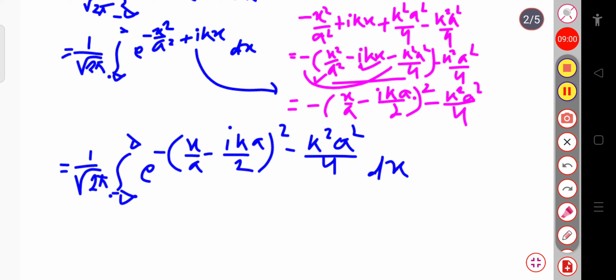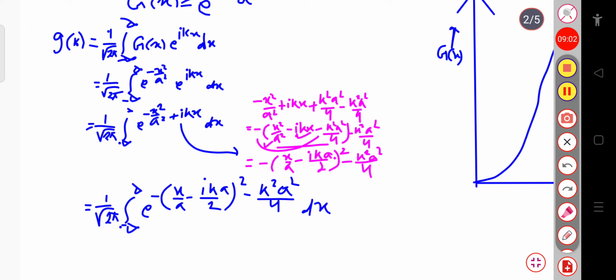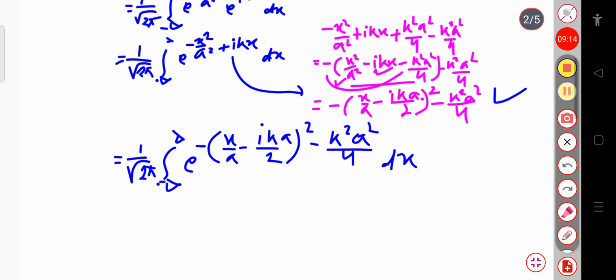We have just substituted this value in this integration, that is in the exponential term, because this is in the form of a square. This is equal to g of k.